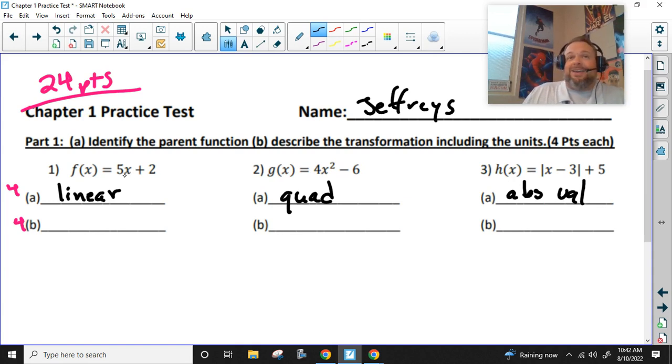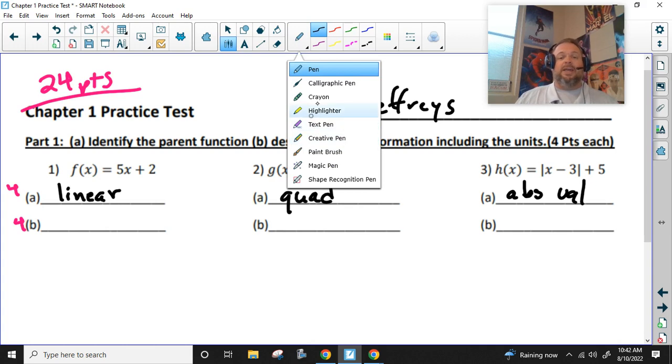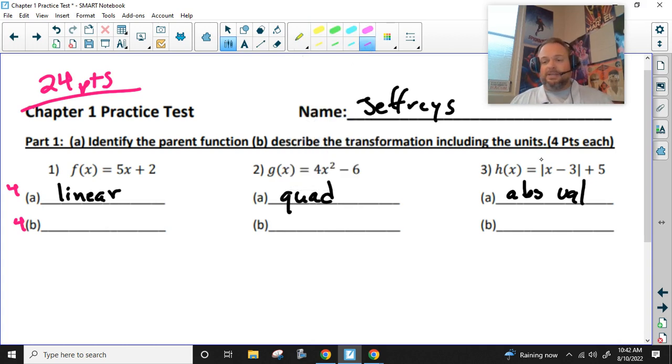If x doesn't have an exponent and there's no parentheses or bars, it has to be linear. Exactly. If x has an exponent, or if you see a little 2 up there, it has to be quadratic. And please, for the love of chocolate, hopefully you see that there are absolute value bars, and that will tell you it's absolute value.